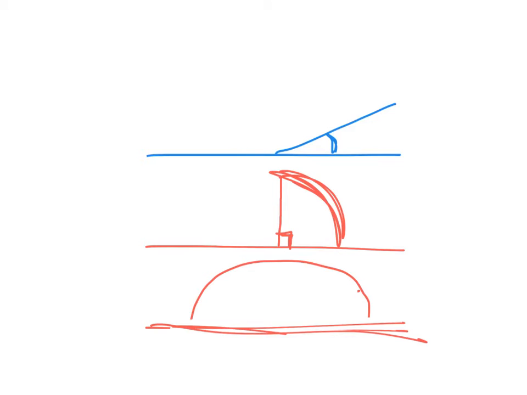So that's just kind of a basic. I guess if I had a door I could show you, I would. But anyway, there's three types of angles that we're going to be looking at.